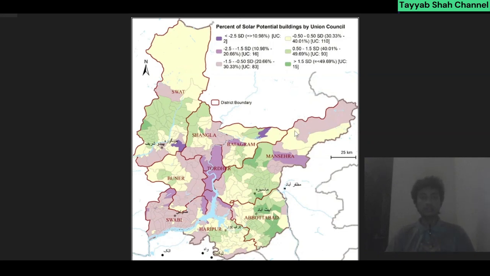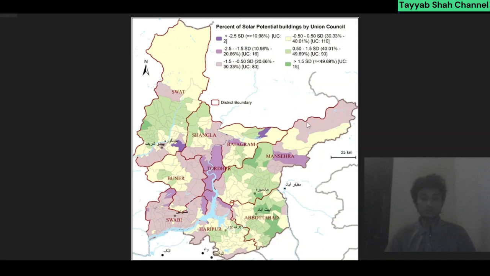For example, we may want to know why there are some regions where there are clusters of union councils which are more suitable, and why there are clusters of union councils which are not suitable. It could help us identify the reason behind their suitability or non-suitability.